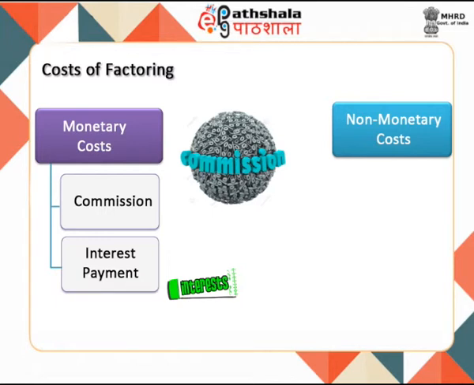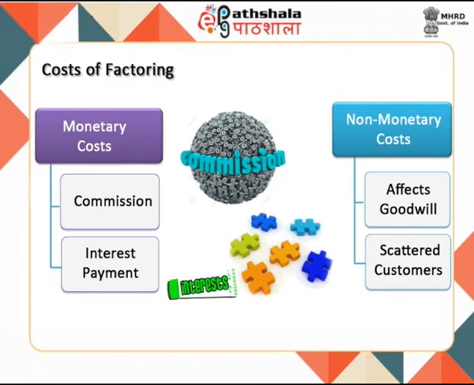Non-monetary cost includes two points. First, if the company employs a factor for managing debts, it reflects poor management by the company, which negatively affects goodwill. And second, if the customers are widely scattered, factoring may not serve the purpose.